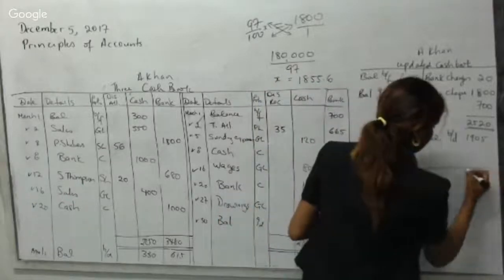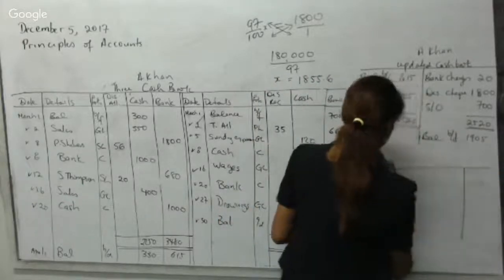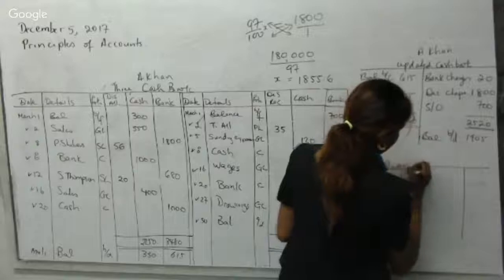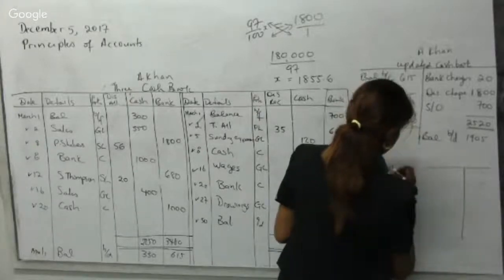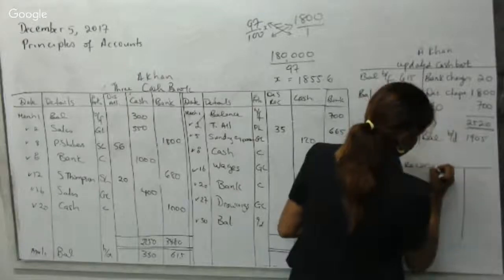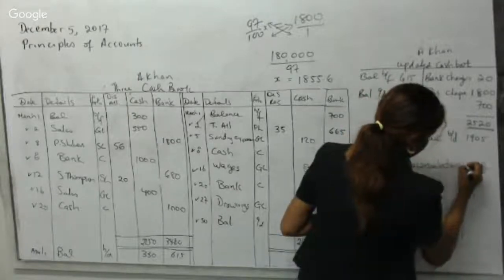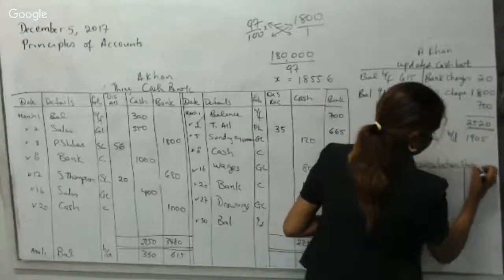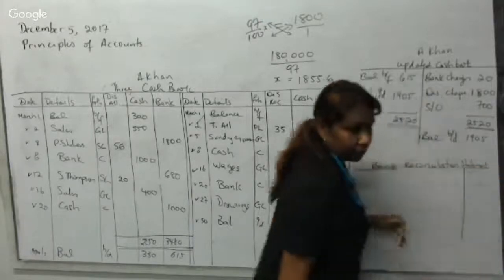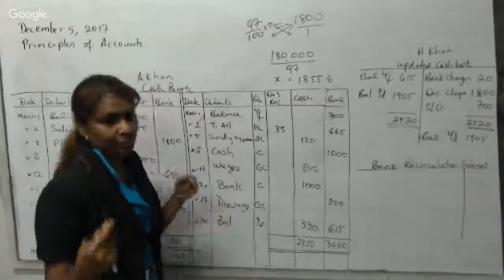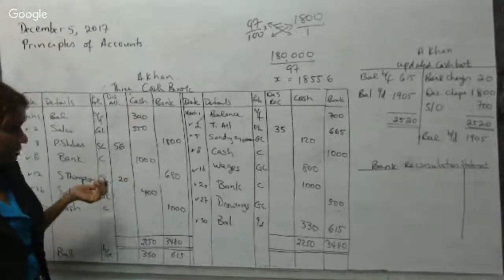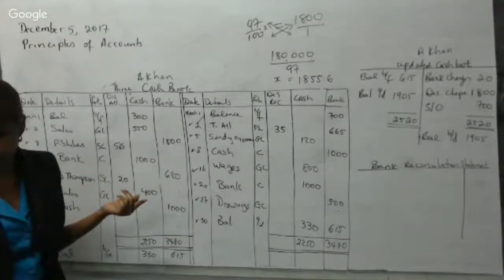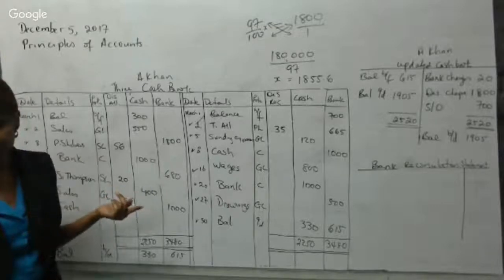For the bank reconciliation, did they tell us a balance to start with? Remember, you should always look for that. No, it didn't. Sometimes the bank reconciliation question will tell you to do a bank reconciliation statement starting with a balance as at March 31st, 2019. They could have said start with the balance as per bank statement, in which case you have to start off with that 1,405 that they gave you.